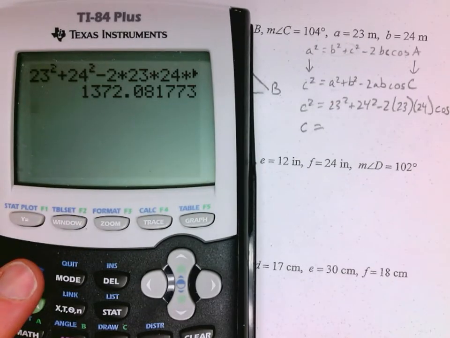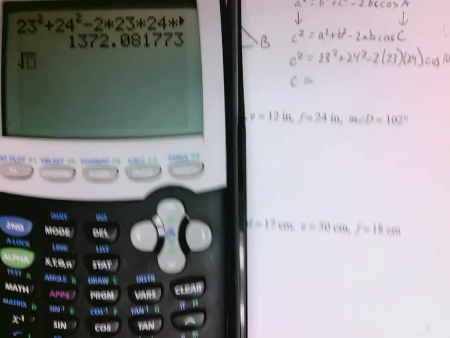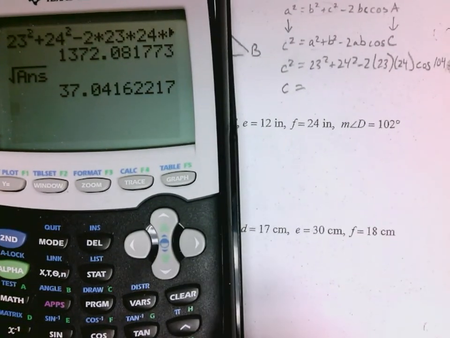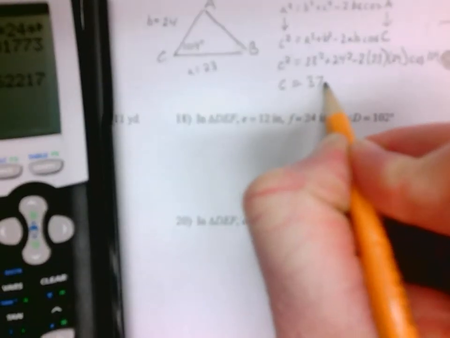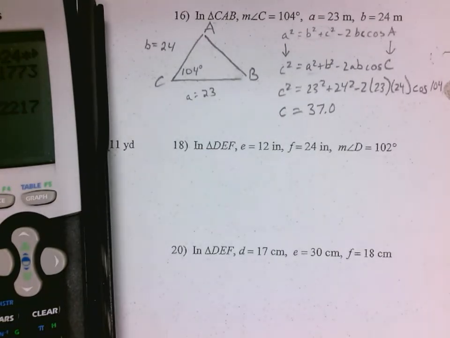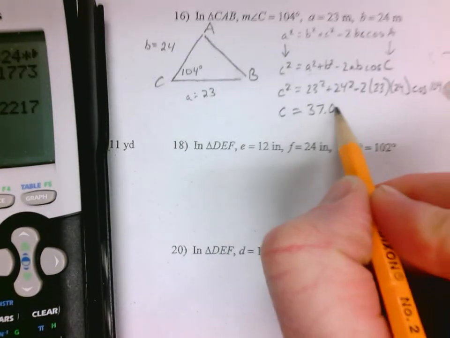When you do square root, whatever you had last is stored under Ans. So the square root of your answer is 37.04, so just 37.0 if you're rounding to 3 sig figs. And that is the length of a side, because that's a lowercase c, so that's meters.